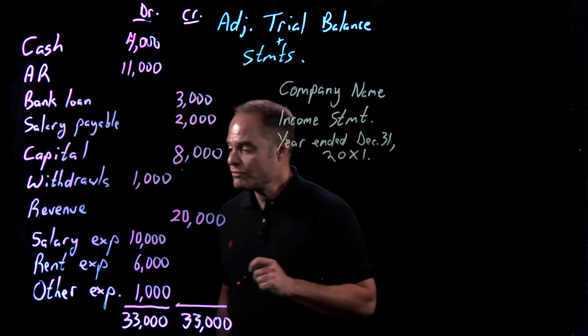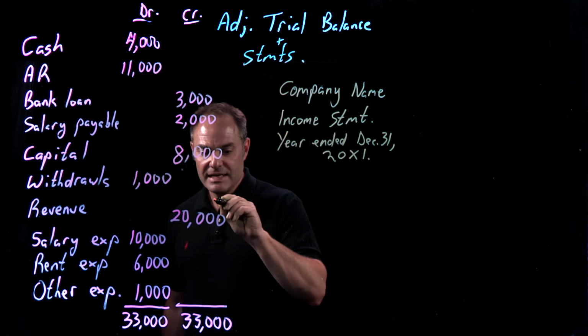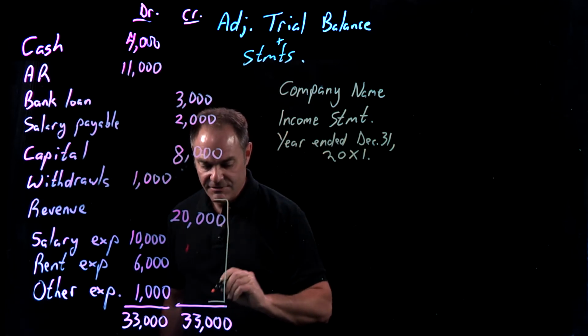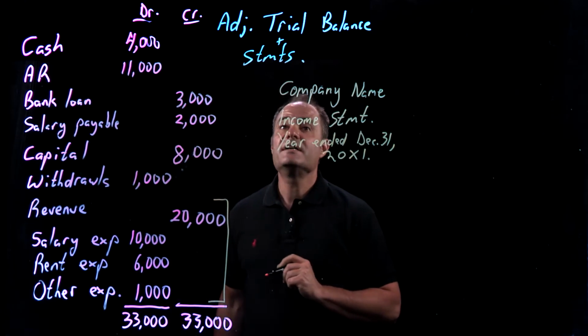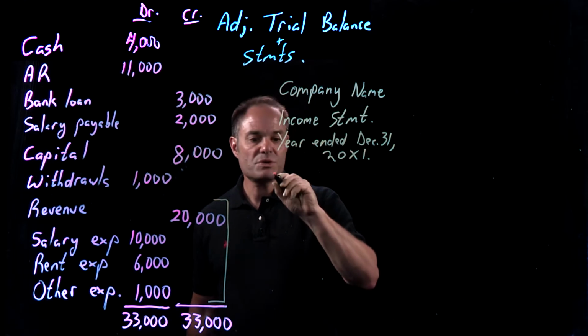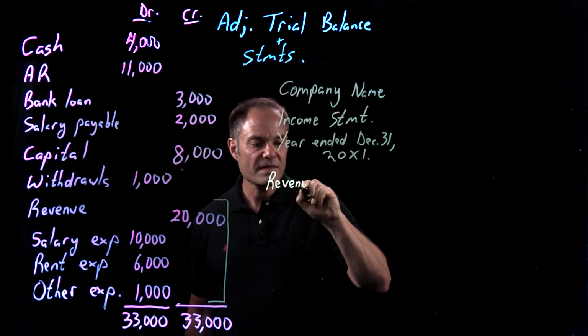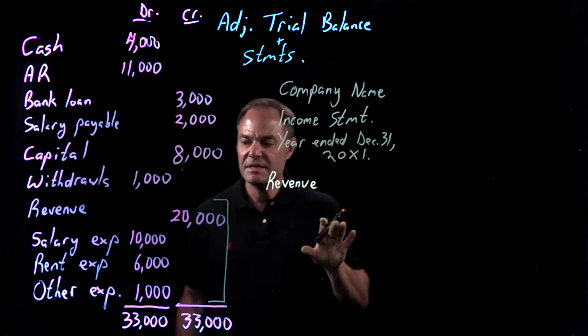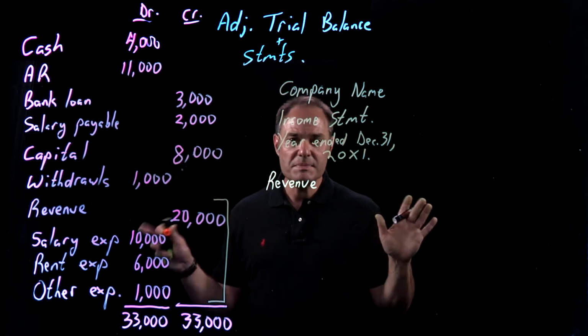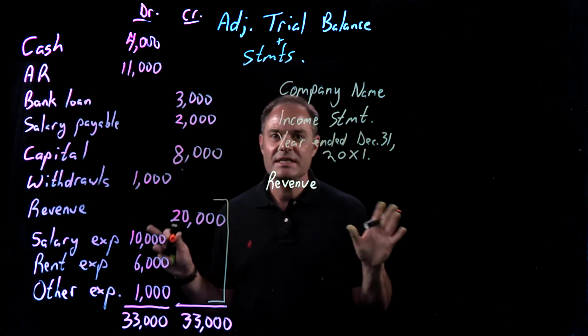And then all I'm going to do for my income statement, quite frankly, is take this information off of the adjusted trial balance. So we'll start off with revenue. And notice that on my income statement, there's no debits and credits. It drives me crazy when students put debits and credits on income statements.